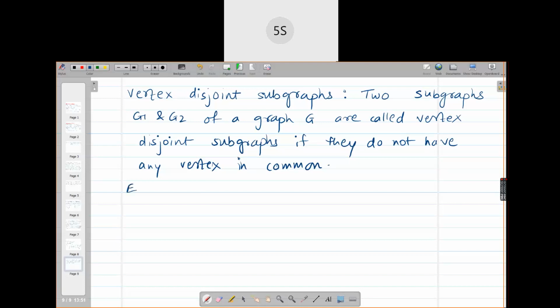Now we will write edge disjoint first of all. Edge disjoint subgraph. Then we will put this as a remark. What will edge disjoint subgraphs be?